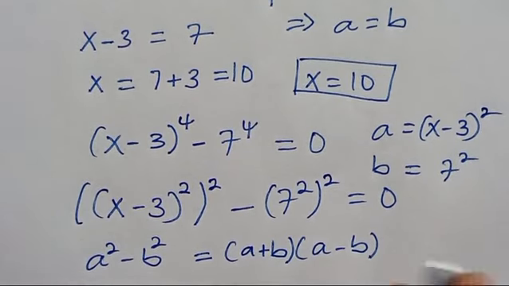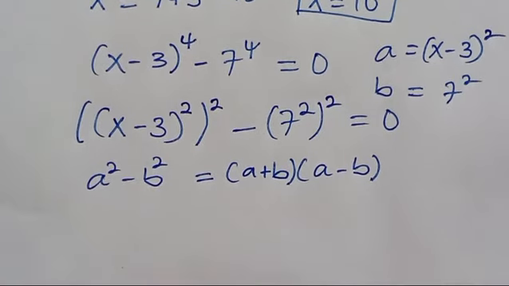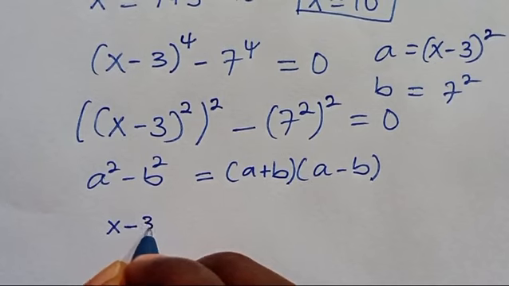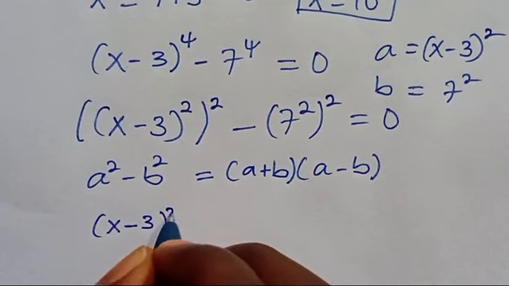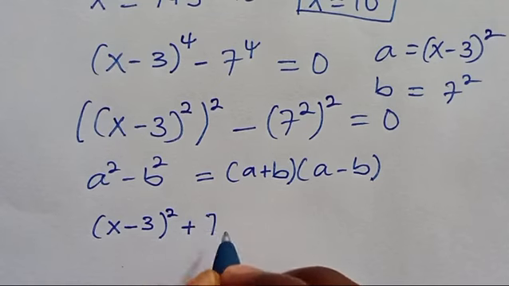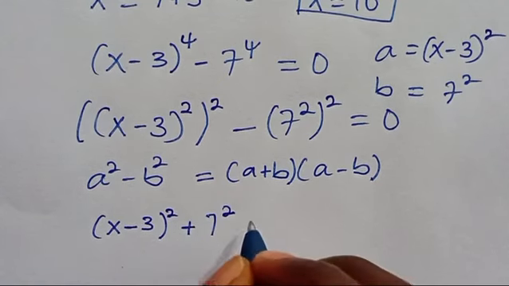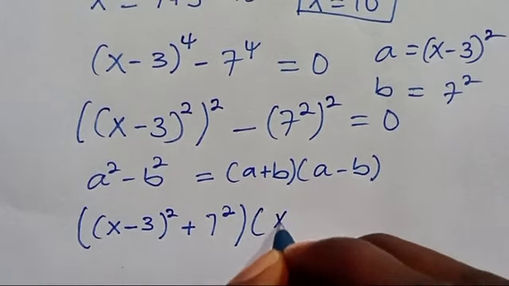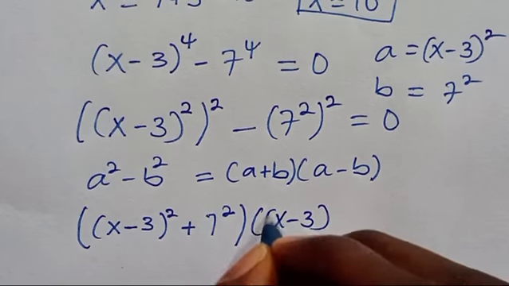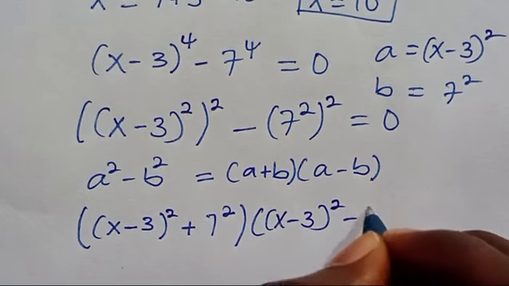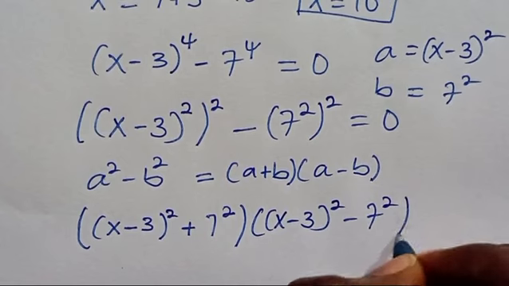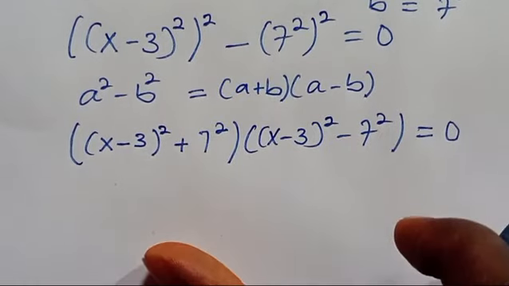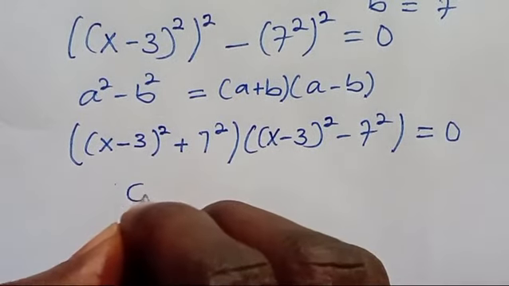So when we plug in everything here, we are going to have (x minus 3) to the power of 2 plus 7 to the power of 2, we close it. We apply it here again: (x minus 3) to the power of 2 minus 7 to the power of 2, we close it. We have it equal to 0. Then from here, let's say we have case 1.